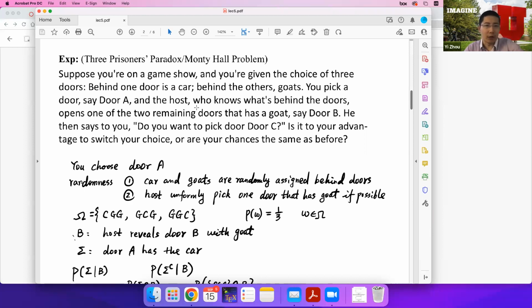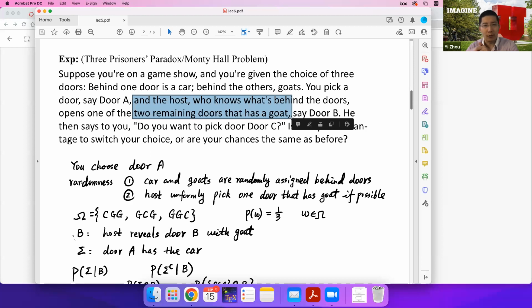After our pick, the host will look at the other 2 doors and reveal one of the doors with a ghost. Now here's something that I need to specify more specifically. If for the other 2 doors only one of them has a ghost, then that is the only one that the host can choose to reveal, right? It may happen.